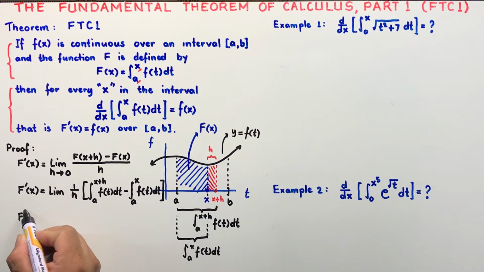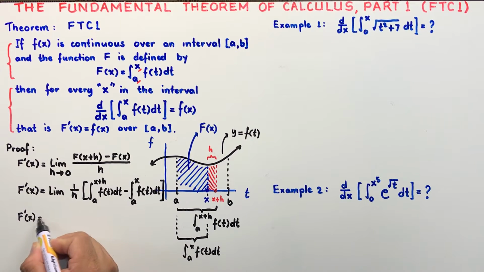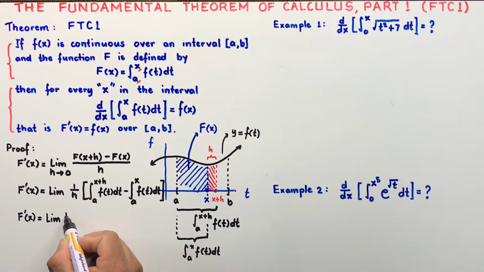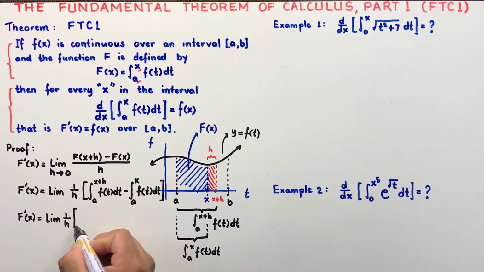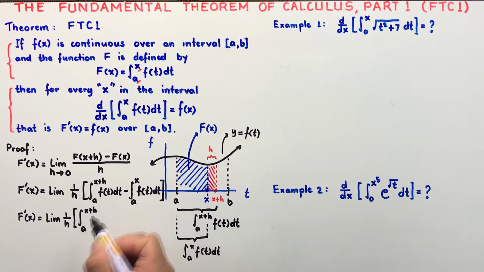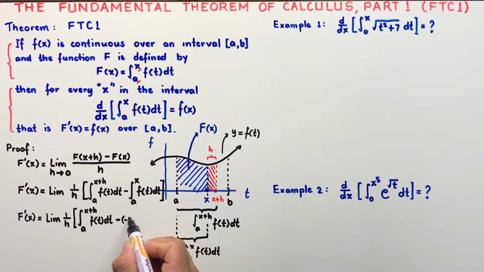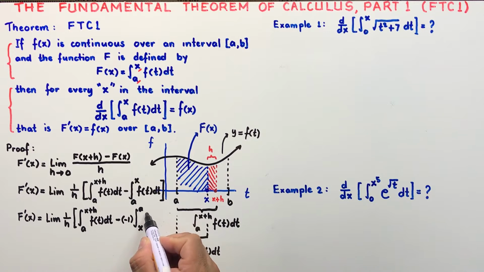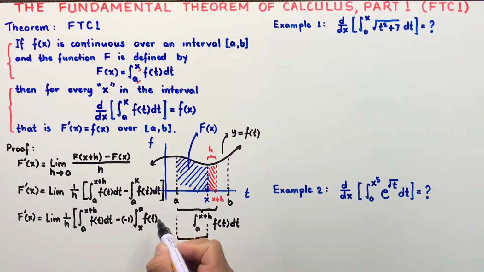So we have the derivative of the big F of x is equal to the limit of 1 over h of the difference of the integral from a to x plus h of our function small f of t dt minus the negative 1 of the integral from x to a of our function small f of t dt. Why? Because we reverse the order of our limits from x to a here.